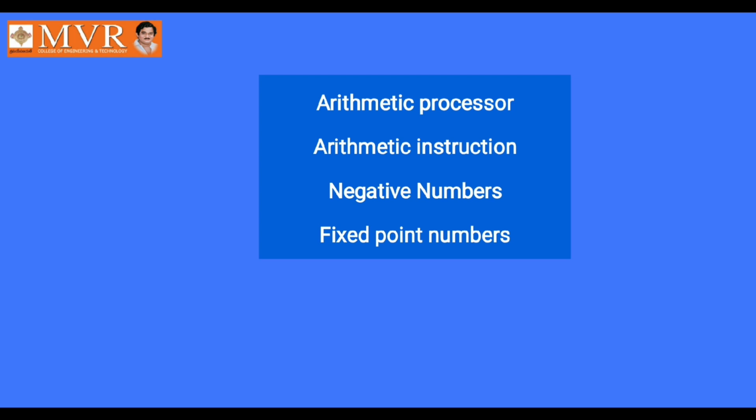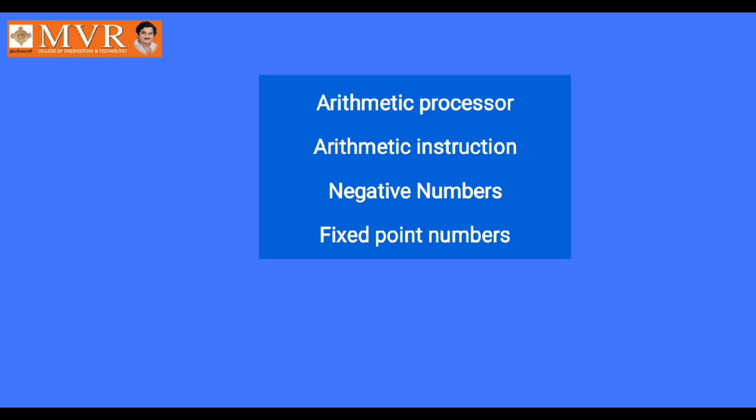As a part of the ALU, there is one specific unit that performs all the arithmetic operations, called the arithmetic unit. So the arithmetic processor is a part of the processor unit that executes arithmetic operations.